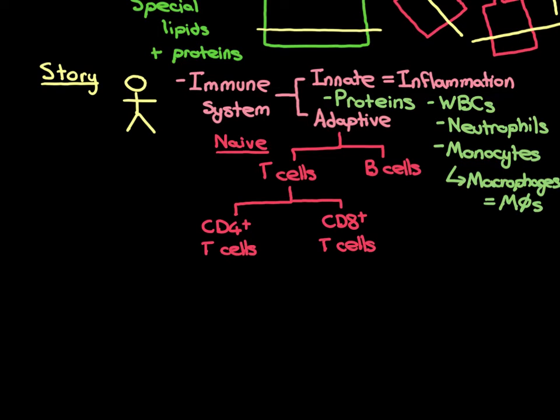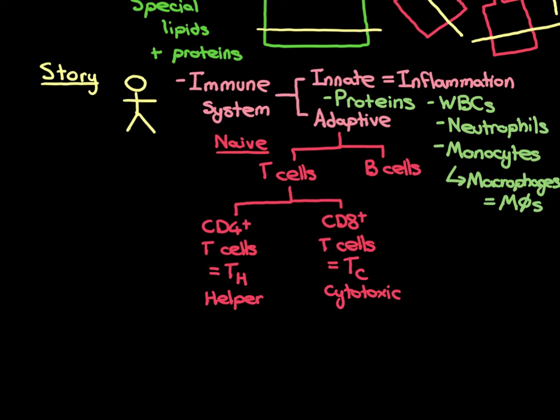We can also refer to the CD4 positive T cells as the helper T cells, or T subscript H, for helper. And we can also refer to the CD8 positive T cells as the cytotoxic T cells, or the T subscript C T cells. So these are the helper T cells, and these are the cytotoxic T cells.